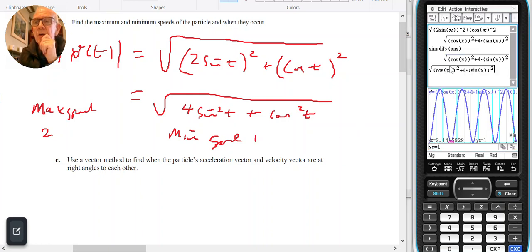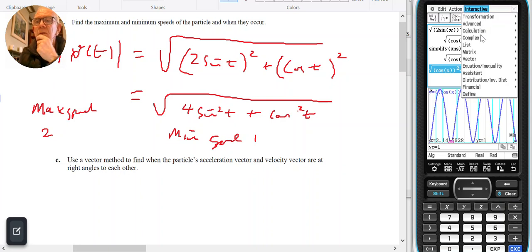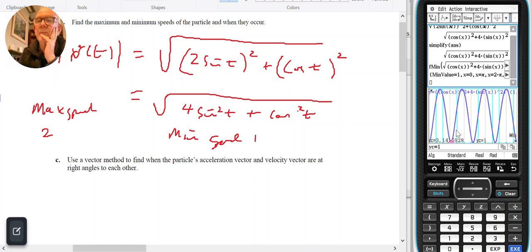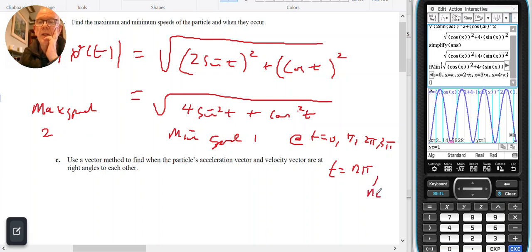If I go to interactive calculation, fMin about x from 0 to 4 pi, I'll see what values I get to find the pattern. It's equal to 1, and that's at 0, pi, 2 pi, 3 pi, 4 pi. Therefore t equals n pi, where n is an element of Z. So that's the minimum.